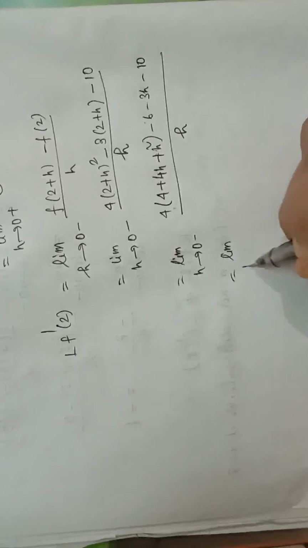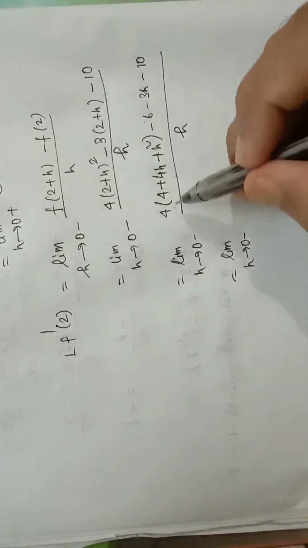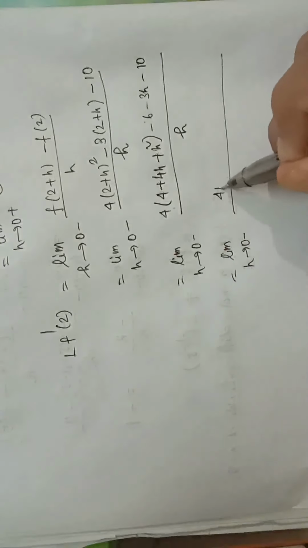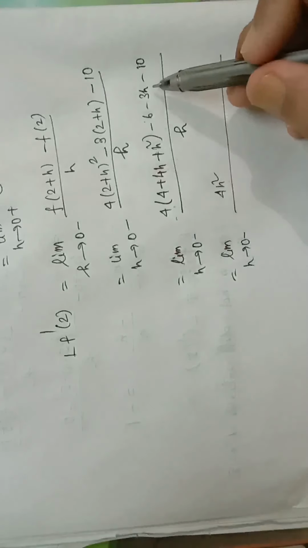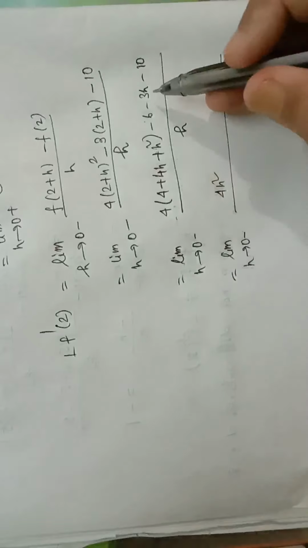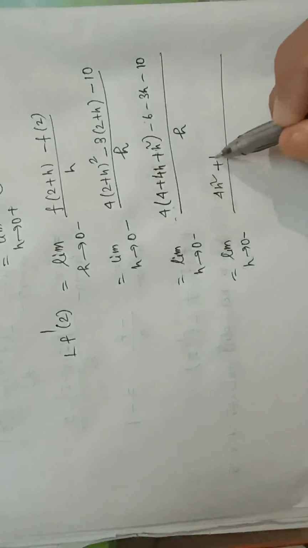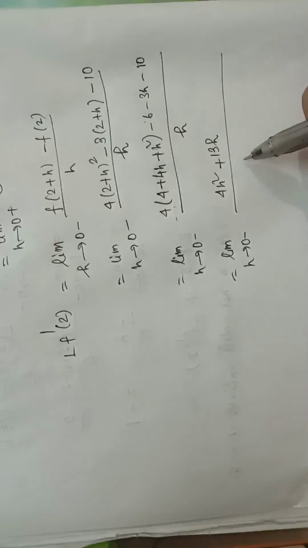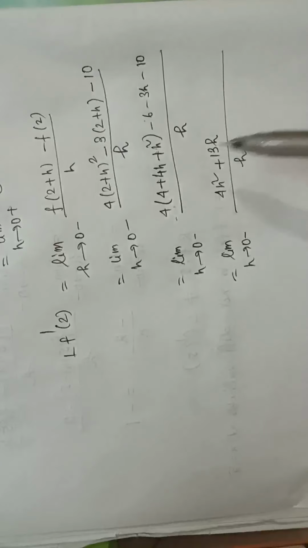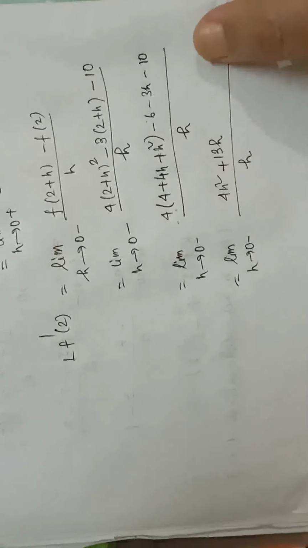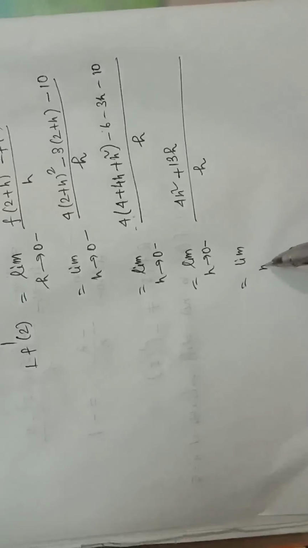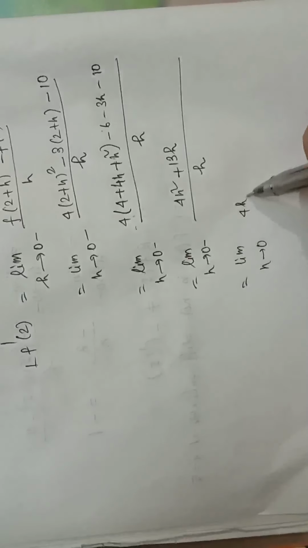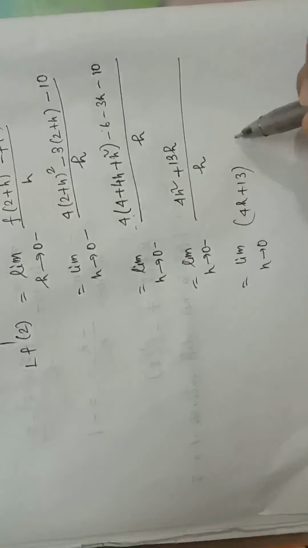Limit h tends to 0 minus, 4h square. 16 minus 16 get cancelled. 16h minus 3h will be 13h by h, if I am not wrong, equal to limit h tends to 0 minus, this will be 4h plus 13, and its value will be 13.